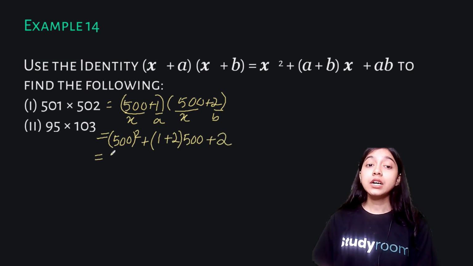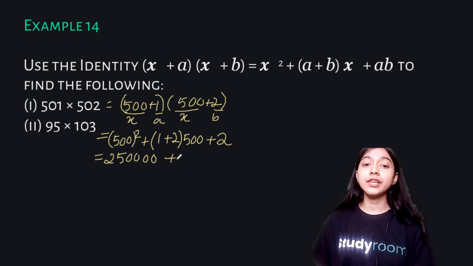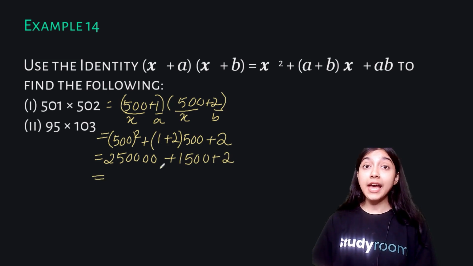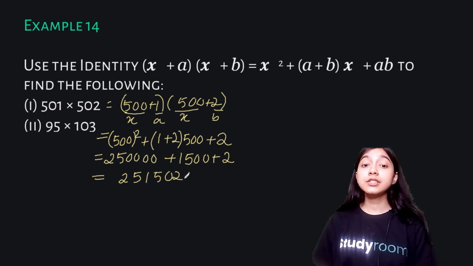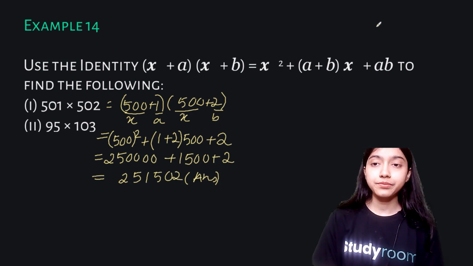So here, 500 square will give us 250,000. Here we have 2 plus 1, 3. 3 multiplied by 500 will give us 1500. And here we have 2. So ultimately, when we add all of them, we get 251,502. So this will be the final answer of the given question using the fourth identity that we learned earlier.